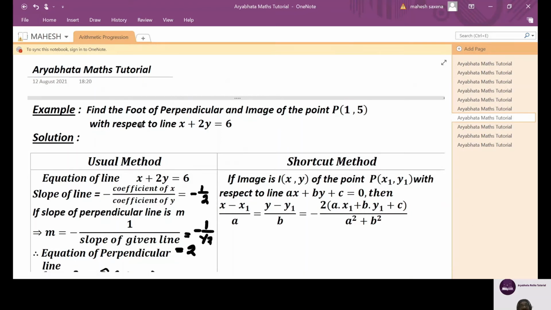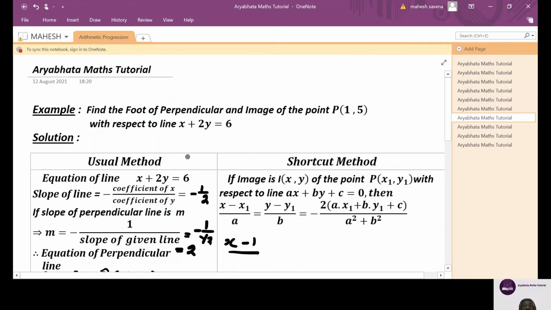Therefore, in this case, x minus x1 is x minus 1, a is 1, y minus y1 is y minus 5, b is 2, and ax1 means 1 into 1, plus by1 means 2 into 5, and c is minus 6.